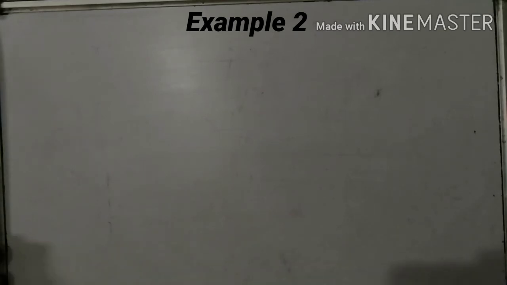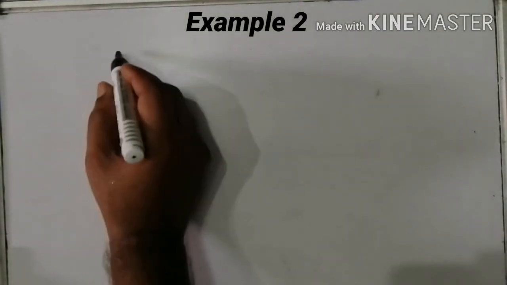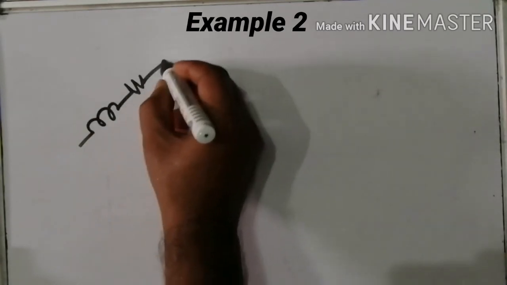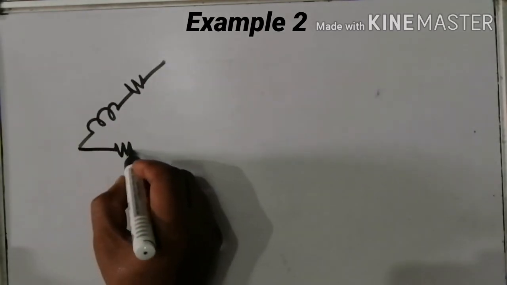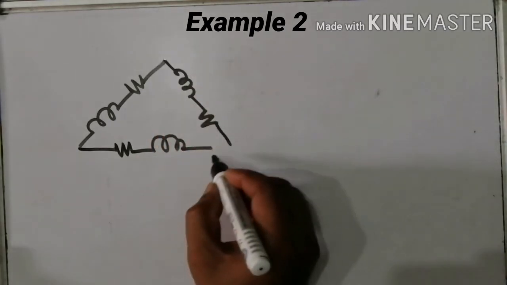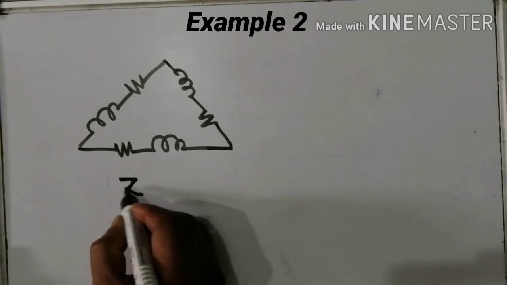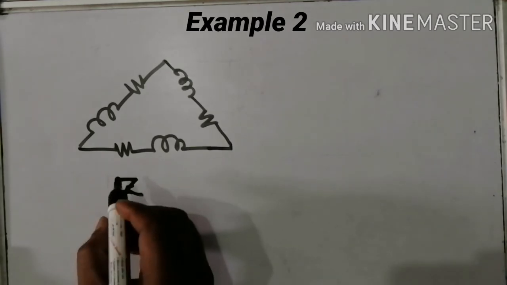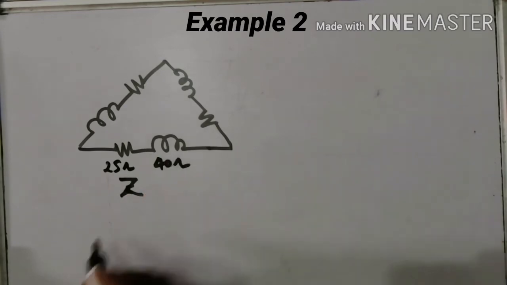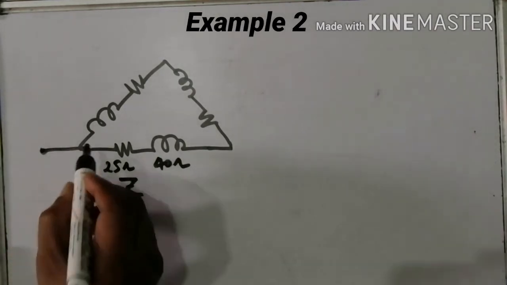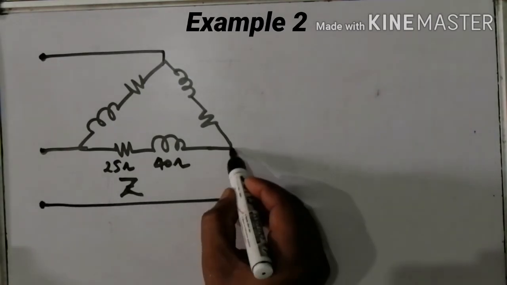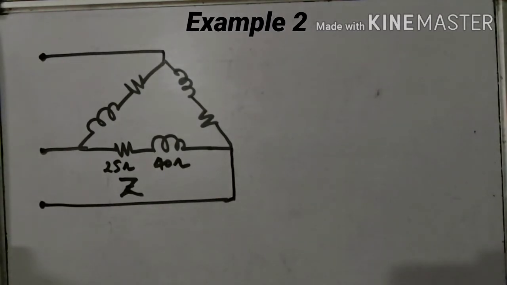Now see the numerical based on delta, that is example number 2. Here this one is the load with impedance Z, which is given by 25 ohm and 40 ohm. This one is the three phase load, delta connected load.